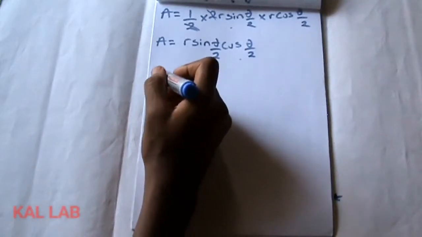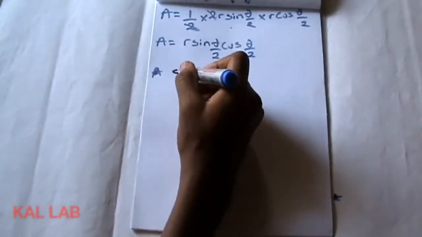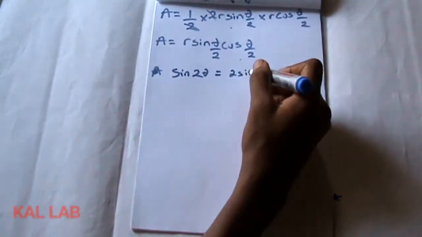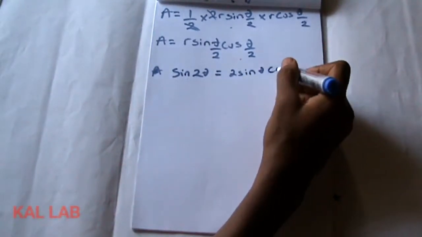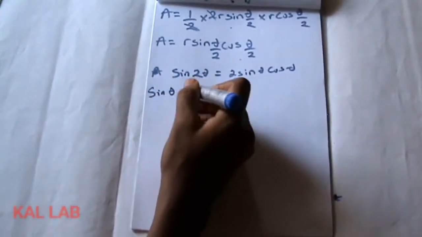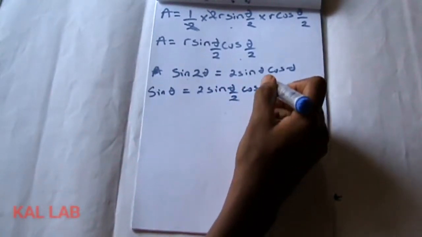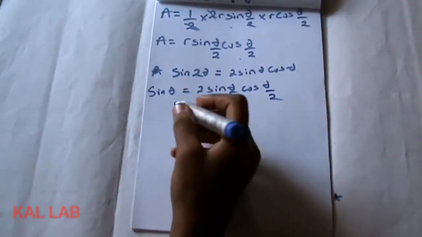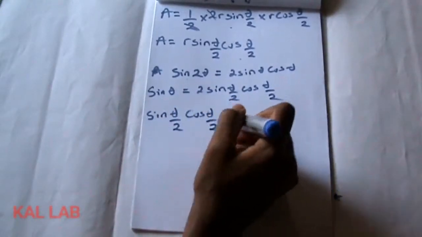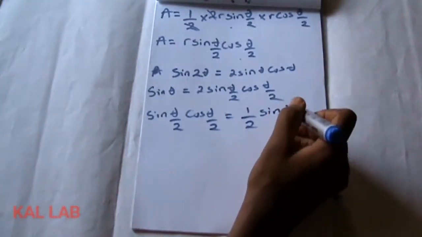Now in trigonometry, we know that sine 2 theta is equal to 2 sine theta cos theta. This also implies that sine theta is equal to 2 sine theta over 2 cos theta over 2, meaning sine theta over 2 cos theta over 2 is equal to 1 over 2 sine theta.